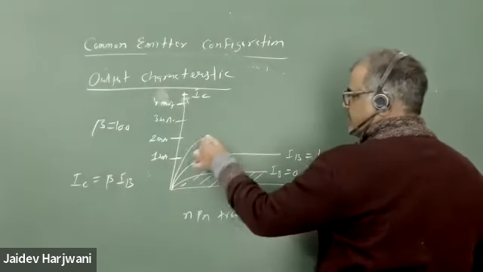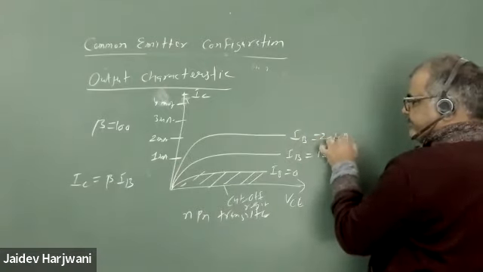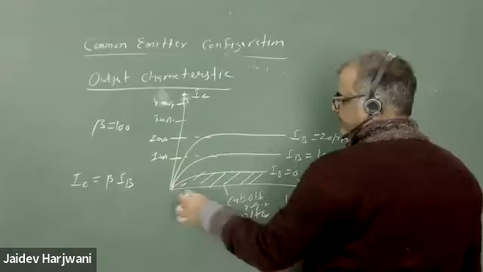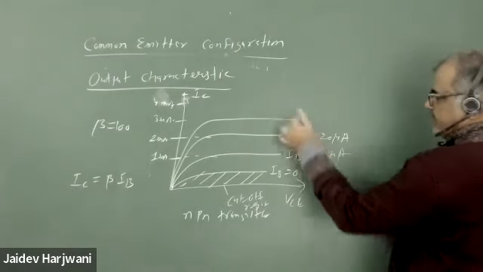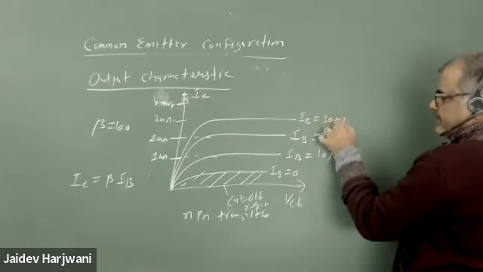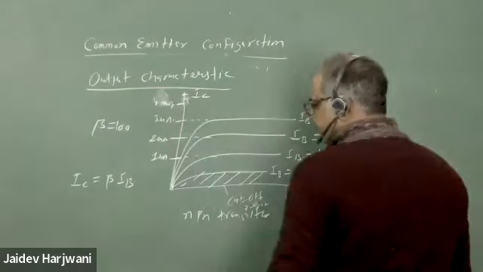If I now increase IB to 20 microampere, my IC will be 2 milliampere. Similarly, if I increase IB to 30 microampere, then my IC will be 3 milliampere.